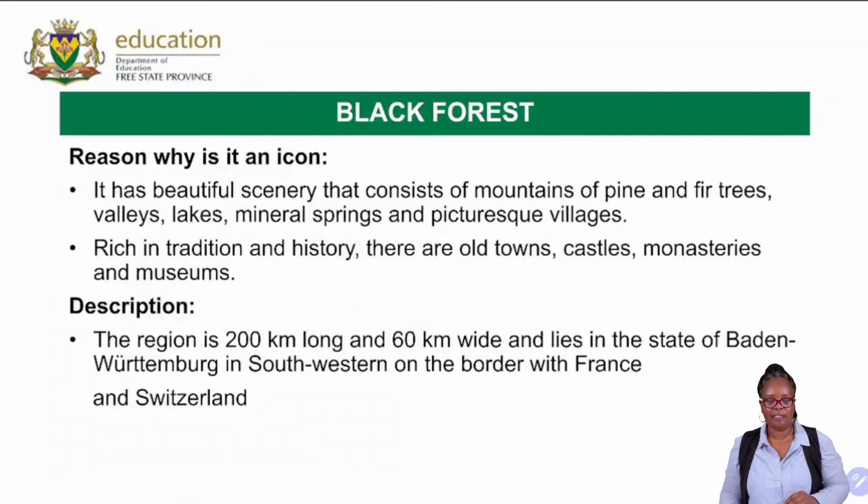And it has mountains of pine. It has pine trees. It has the fir trees. It has the valleys, the lakes, the mineral springs, and it is a picturesque village. It's beautiful. That's why it's an icon.